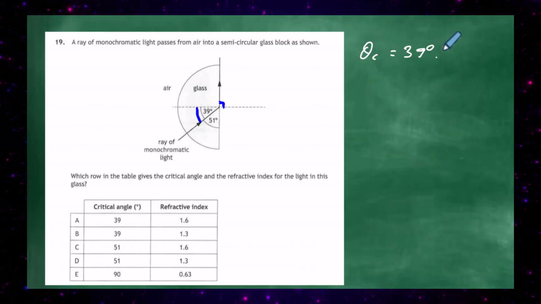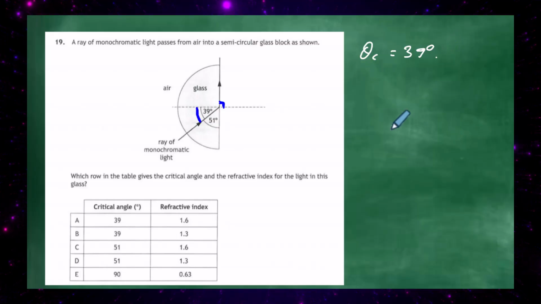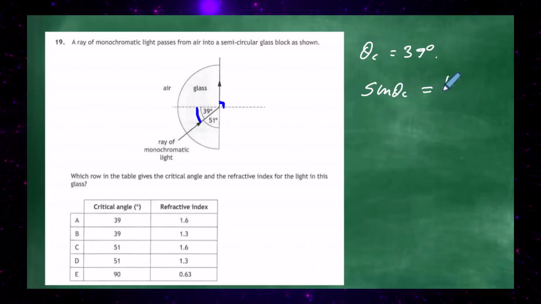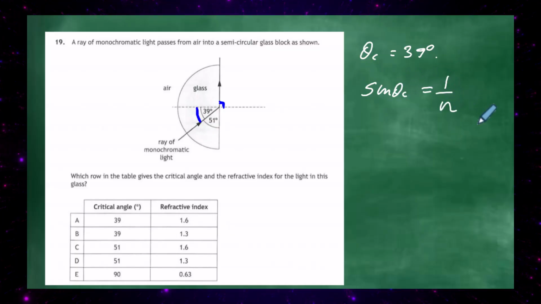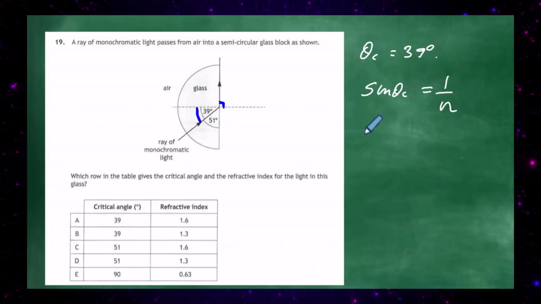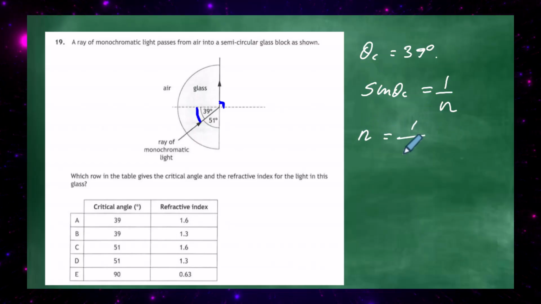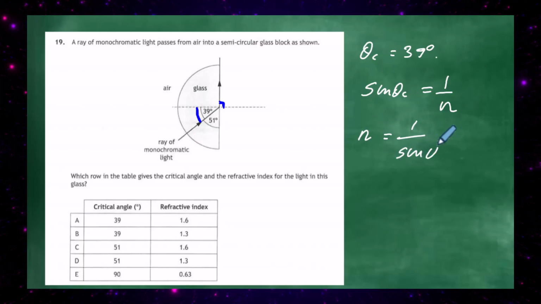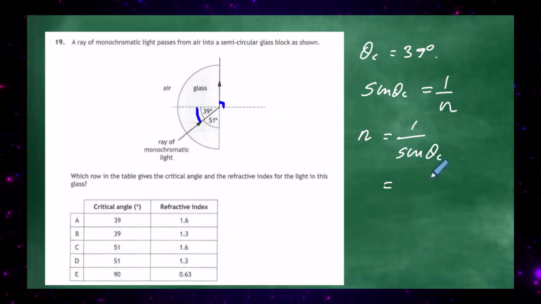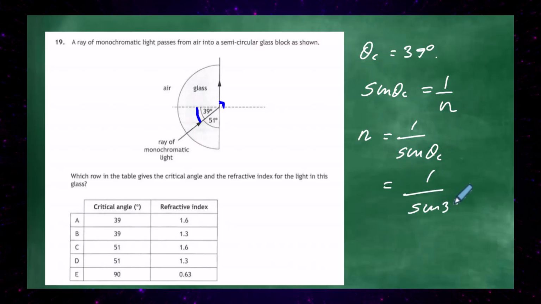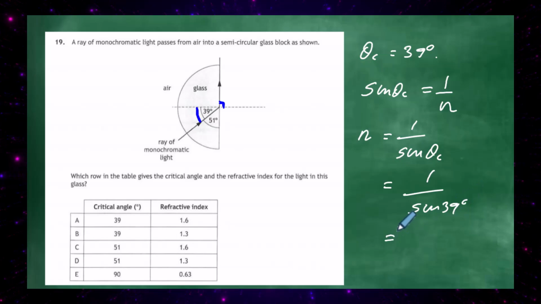Now we know that the formula for the critical angle, sine theta c, is equal to 1 over the refractive index. We can get that from the relationship sheet. So we can just do a wee bit of rearranging and get the refractive index is 1 divided by sine of theta critical. Just plug in the numbers: 1 divided by sine of 39 degrees, and we do that in our calculator.